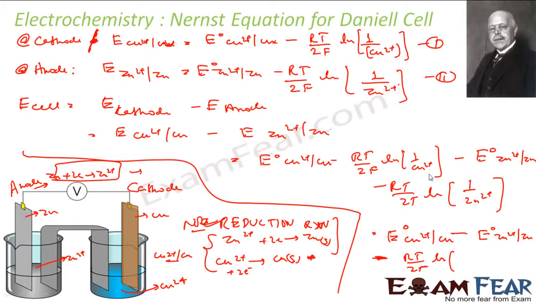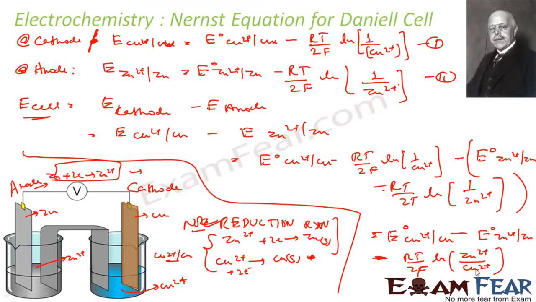This is minus, this is minus, right? This whole thing is a minus actually. So minus becomes plus, it comes up. So this becomes Zn2+ by Cu2+. And this whole thing is nothing but standard E cell, E naught cell. Correct? So E cell becomes E naught cell minus RT by 2F ln of Zn2+ by Cu2+.